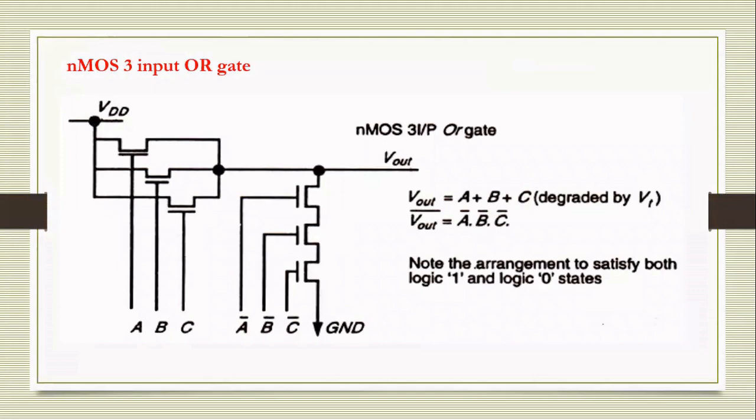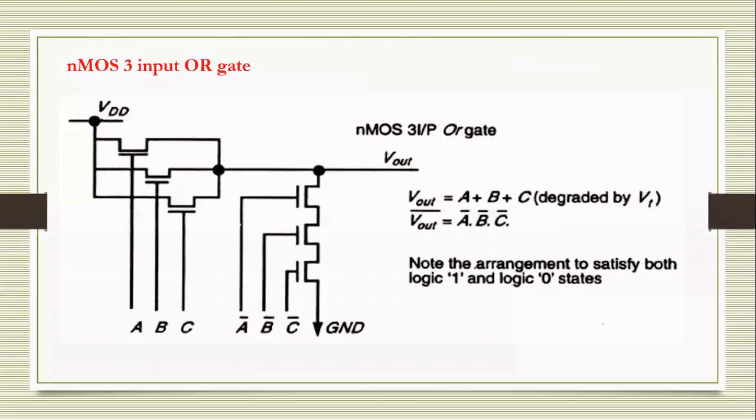In the next example, I am trying to implement a 3-input OR gate using NMOS pass transistors. Here I am trying to implement for logic 0 as well as for logic 1. You all know that the logic expression for OR gate is A plus B plus C. In order to get a sum term, NMOS pass transistors should be connected in parallel.